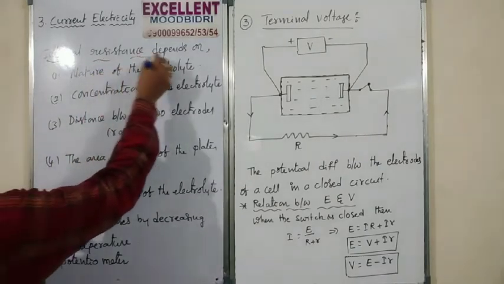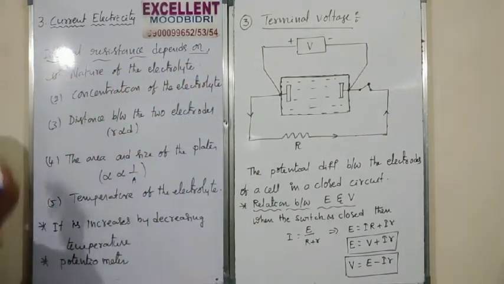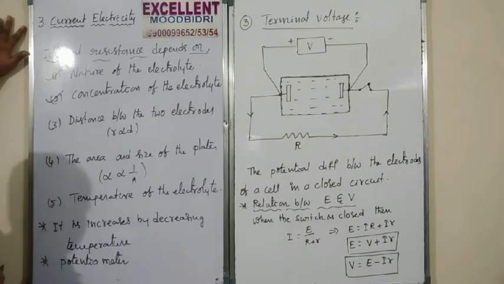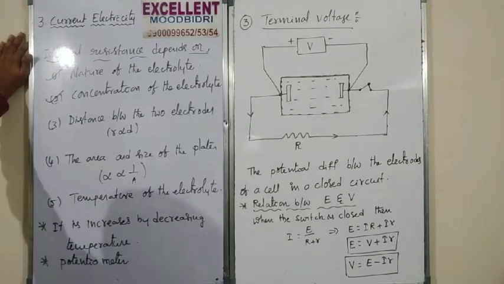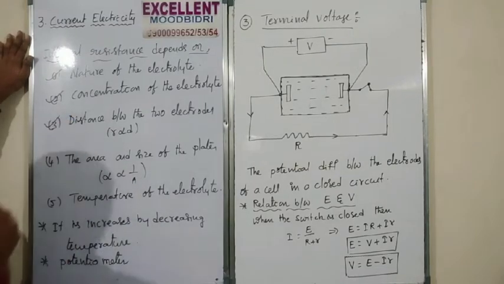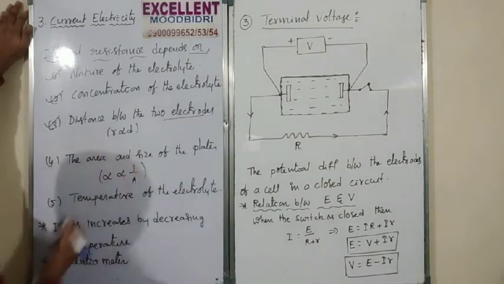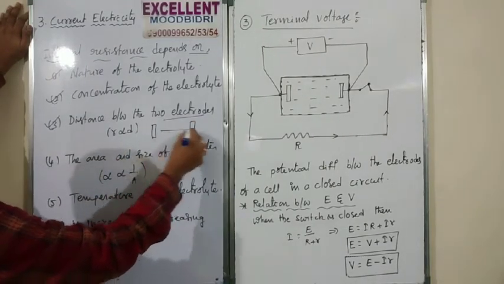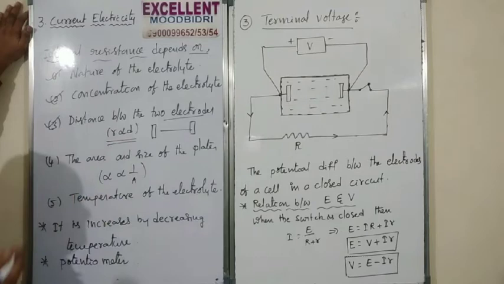Internal resistance depends on, first one, the nature of the electrolyte. Second one is the concentration of the electrolyte. And the distance between the two electrodes. If the distance is more, the resistance also is more, obviously.